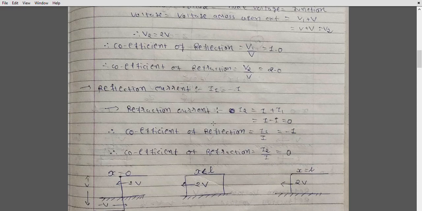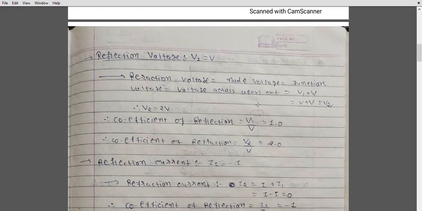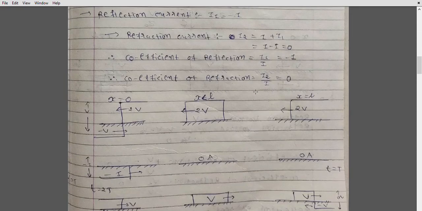If you want to find the coefficient, then divide by I: minus I divided by I is minus 1, and 0 divided by I is always 0. So in that case you can find the reflection and refraction current and voltage coefficients for open-ended transmission.